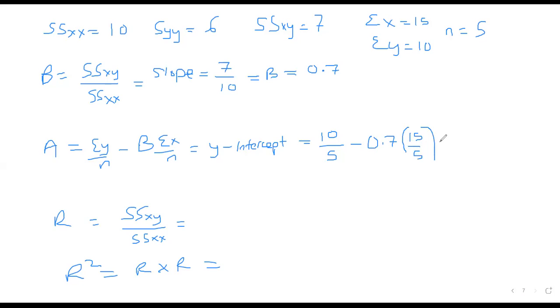Edina, are you there? 2 minus 0.7. And what is 15 over 5? Okay, thank you. Abigail, are you there? 3. So what do we get? Our A will be 2 minus 2.1. So our A is negative 0.1.